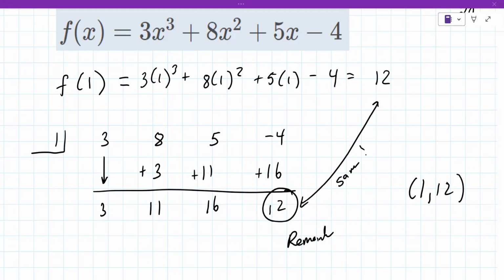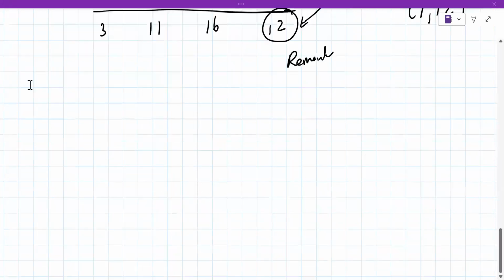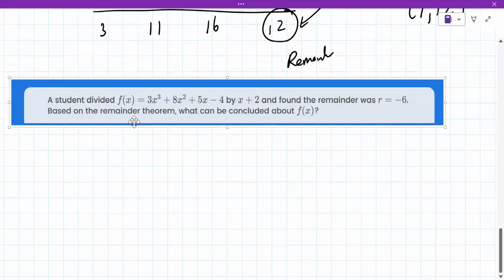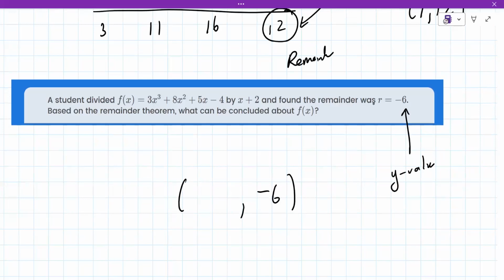So in this problem, I'm going to resnip it in. This time the student divided this function by x plus 2 and found that the remainder was -6. This is the y value. So there's an ordered pair here where the y value is -6.